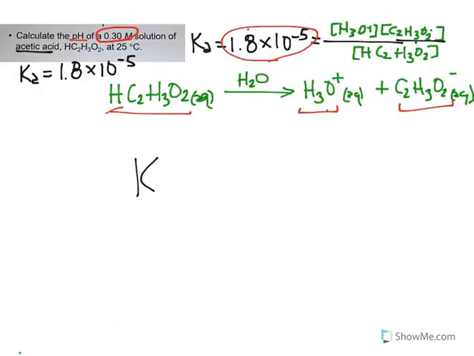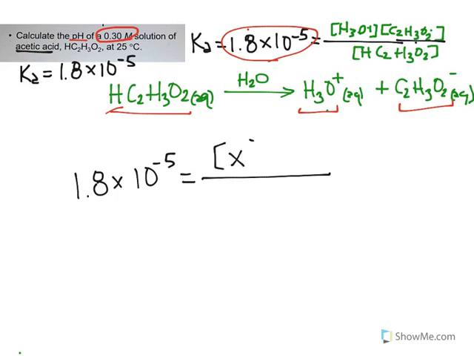So we know that Ka, which is 1.8 times 10 to the negative 5, is equal to the concentration of H3O+, which is X, times the concentration of acetate, which is X, divided by the concentration of 0.30 minus X. So we have one equation and one unknown.